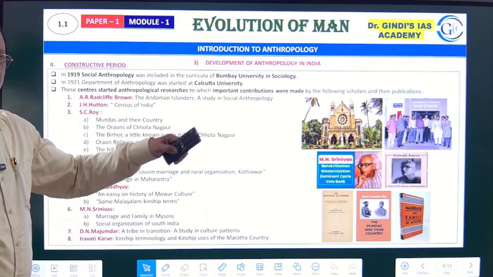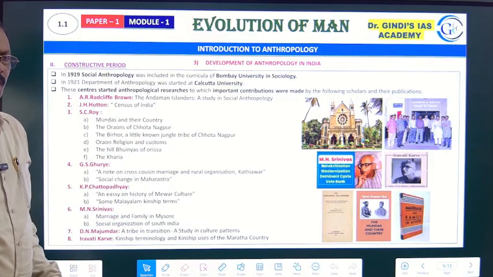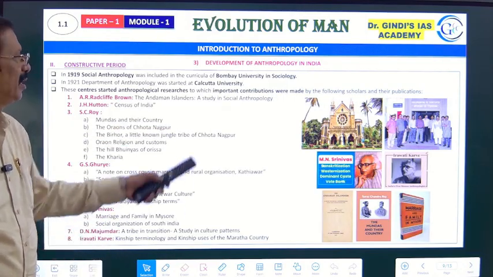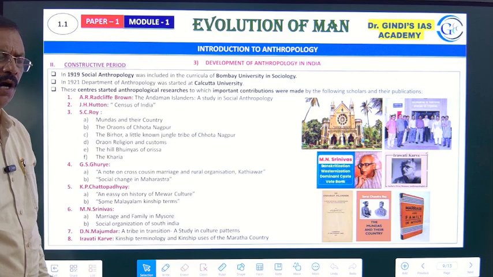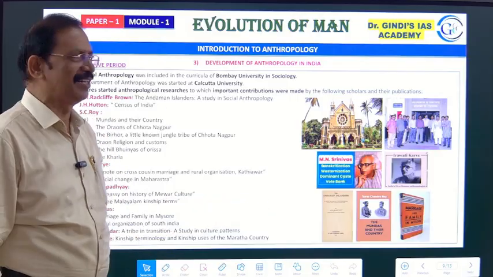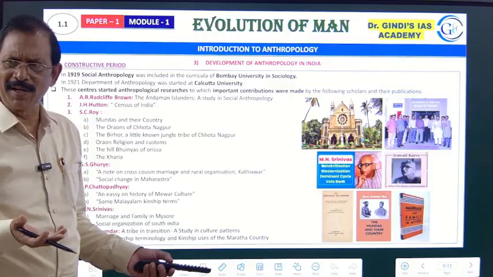So after the establishment of the Department of Anthropology in Kolkata University, and the starting of the separate curricula for anthropology as part of sociology in Bombay University, if the department started, research also will be started, as I discussed. So important contributions were made by the scholars, because what is the job of the scholar?